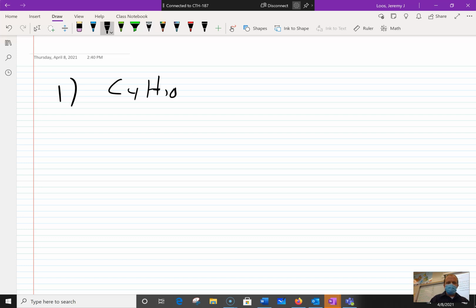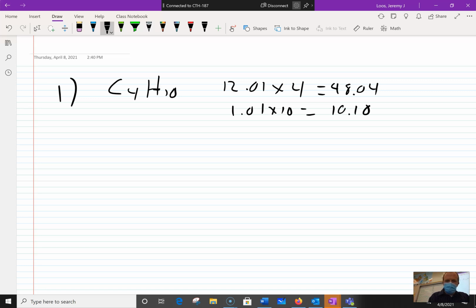So the first thing we would do is add up the mass of this just like normal. So it'd be 12.01 times 4, which is 48.04. And then for the hydrogen, we got 1.01 times 10, which is 10.10. So just normal adding up of molar masses.